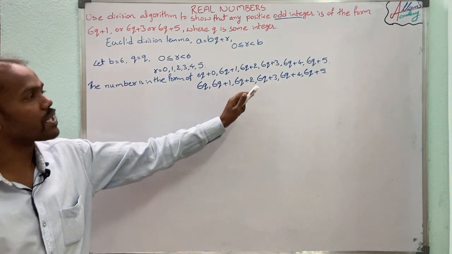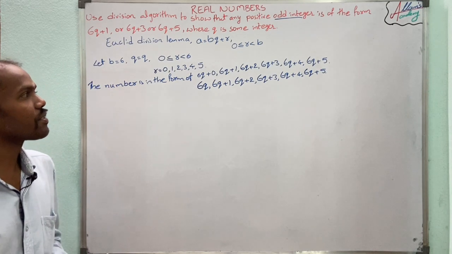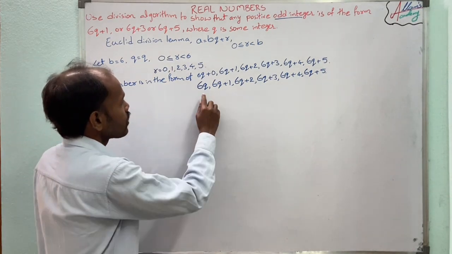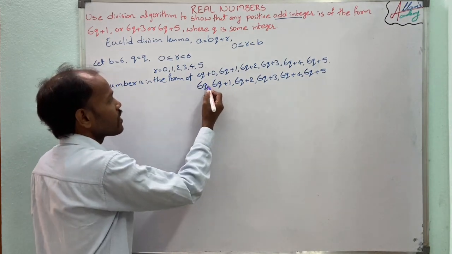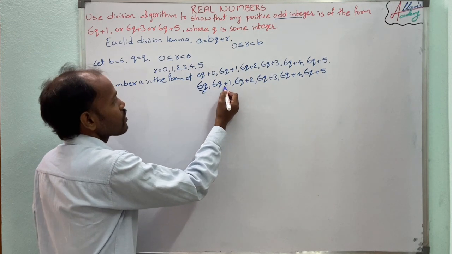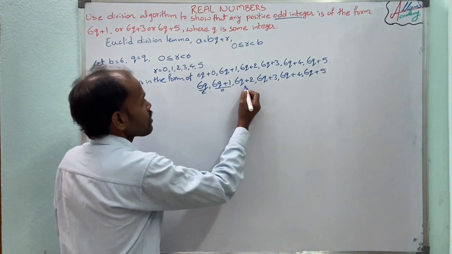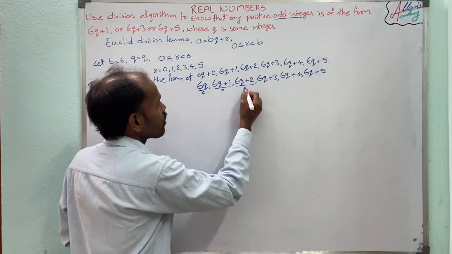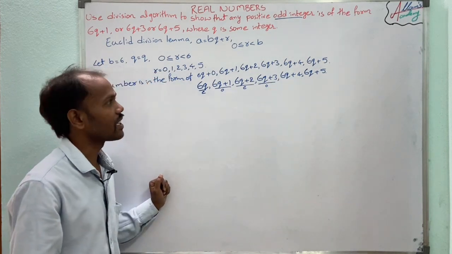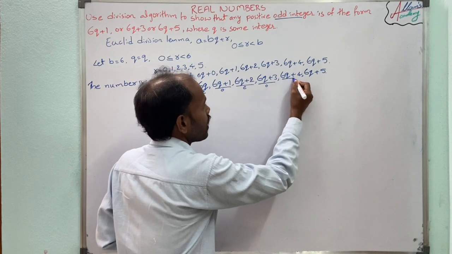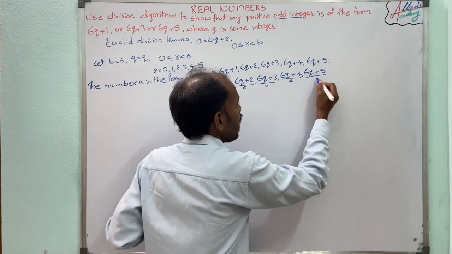So here we observe in which places the odd remainders come. 6q means the remainder is 0, so the remainder 0 means it is an even number. 6q plus 1, the remainder 1, is nothing but an odd number. 6q plus 2, the remainder 2, is an even number. 6q plus 3 is an odd integer. 6q plus 4, the remainder 4, is even. 6q plus 5, the remainder 5, is an odd number.